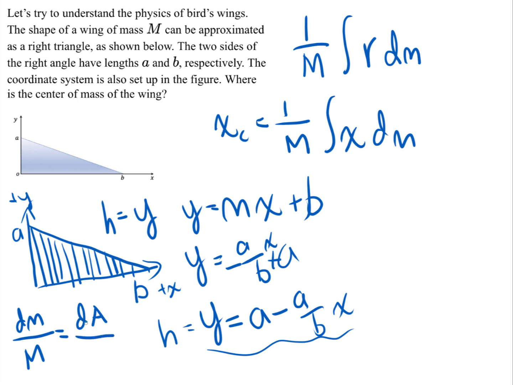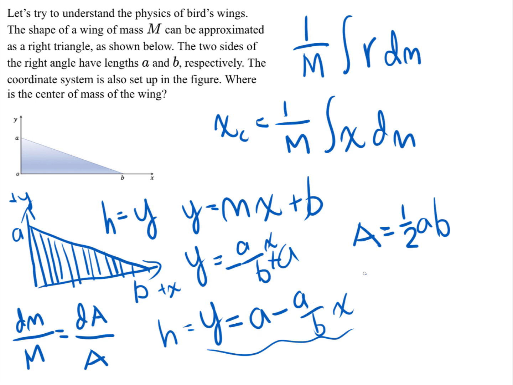That is the same as the fraction dA, the area of each little rectangle, over the total area A of the whole wing, which in this case is this right triangle. The area of a right triangle is given by 1/2 BH. In this case, the base is B and A is the height, so it's going to be 1/2 AB. And that's the total area of our triangle.